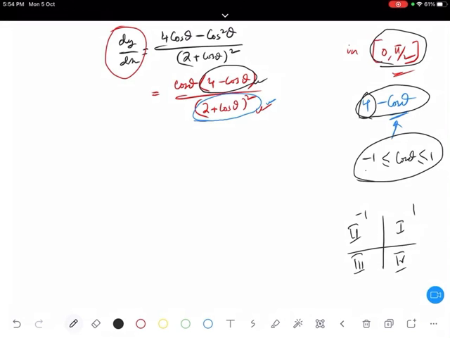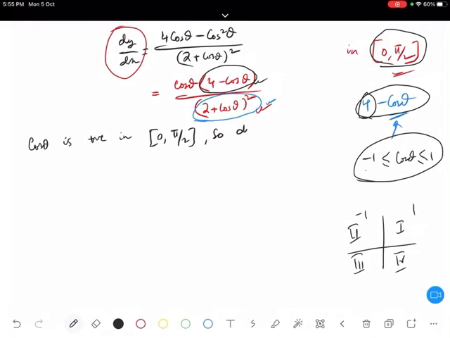So write down: cos theta is positive in 0 to pi by 2.